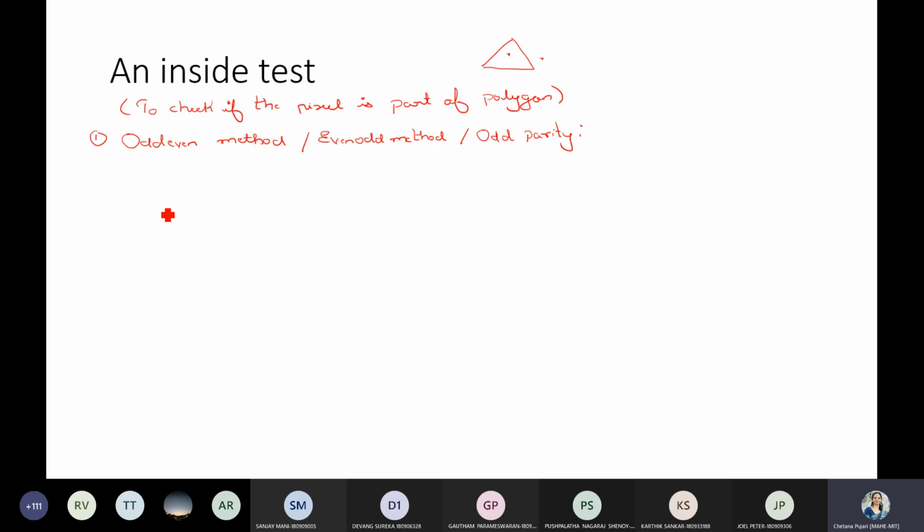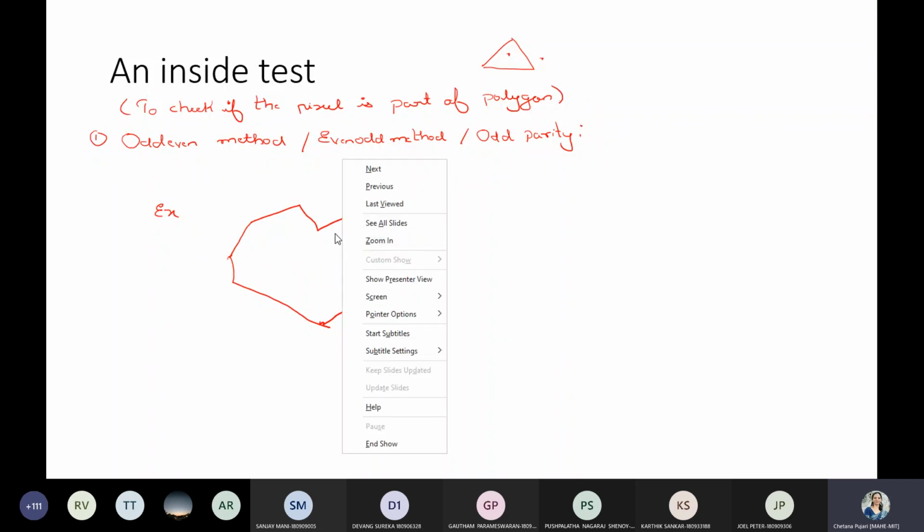So let's consider an example, it will be clear. Okay, any polygon. This is one polygon. Now you are going to select one point.